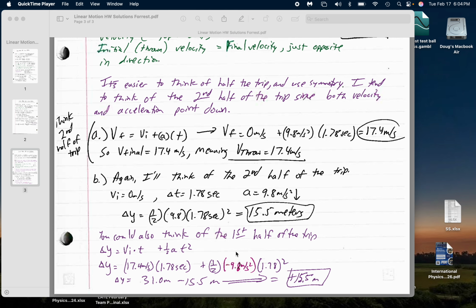You could flip-flop these, but your goal is to find the maximum height, and so that's really kind of an absolute value, whether you come up with a positive or negative 15.5 meters. But when you do this and you have objects going in different directions, you absolutely have to have your signs correct. So positives and negatives matter here, whereas here, we don't really need to worry about it. Hope that helps.